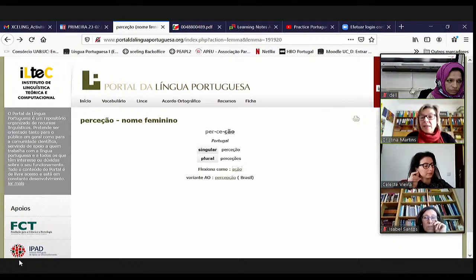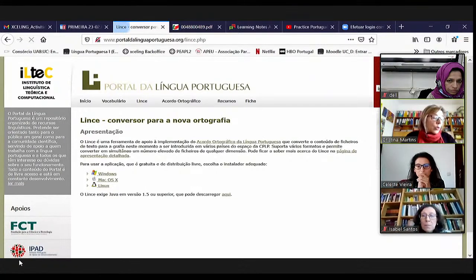On the right side of the menu, you can access other resources. Links, which is a program you can download to your computer that checks spelling according to the reform. It gives you information regarding the spelling alterations you have to attend to.